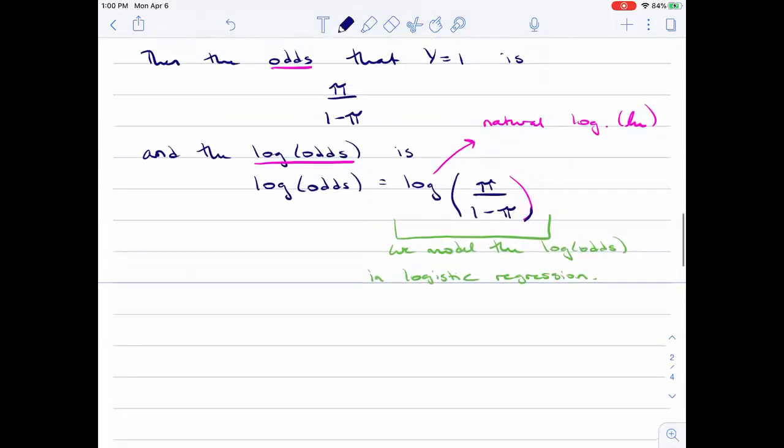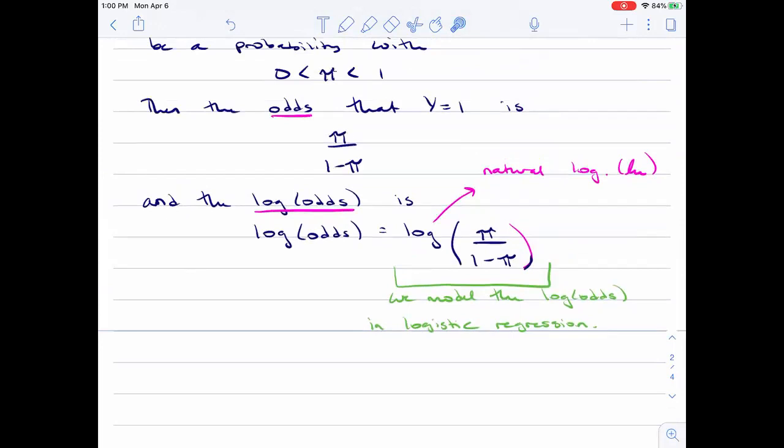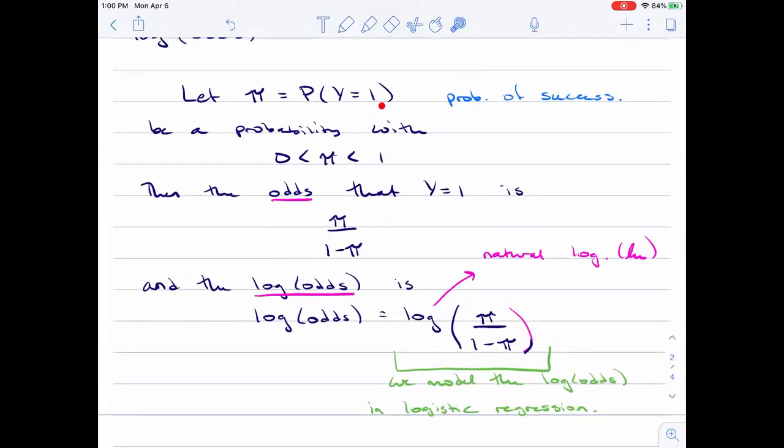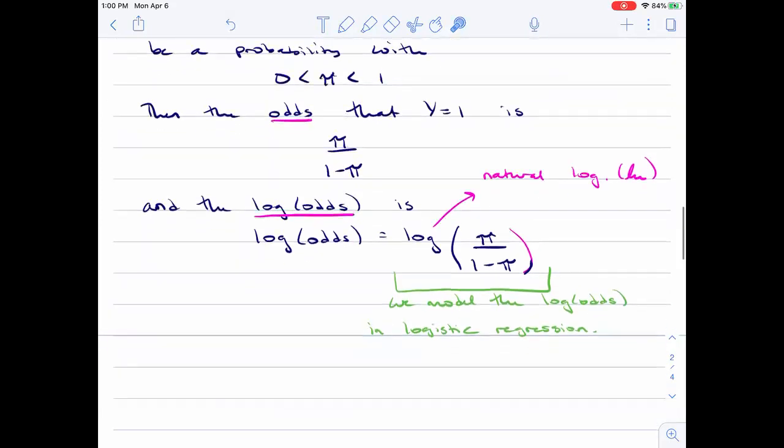When we do this transformation, we start at pi, the probability of a success, and we're forcing pi to be between 0 and 1. We're not interested in the probability of success being 0 or being 1. There's nothing really to model in that case. Then we find the odds, pi over 1 minus pi, and then we take the log of that, and that's our log odds.